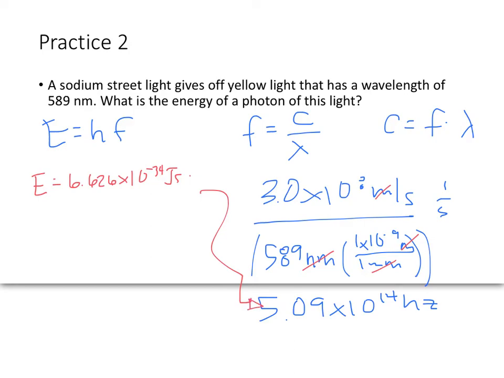And that's going to give me 3.37 times 10 to the negative 19th. And my units were joule seconds times 1 over seconds, so the 1 over seconds cancel out again, leaving me with joules.